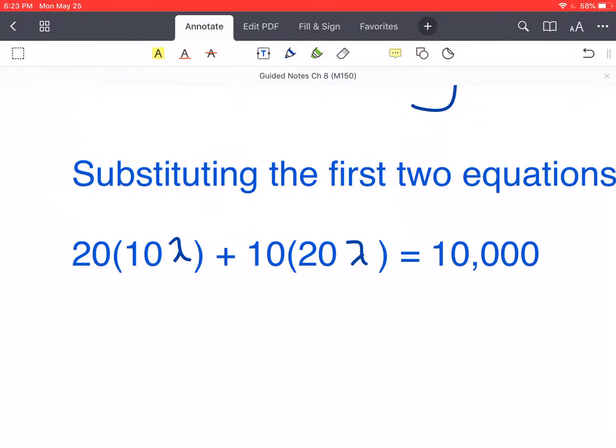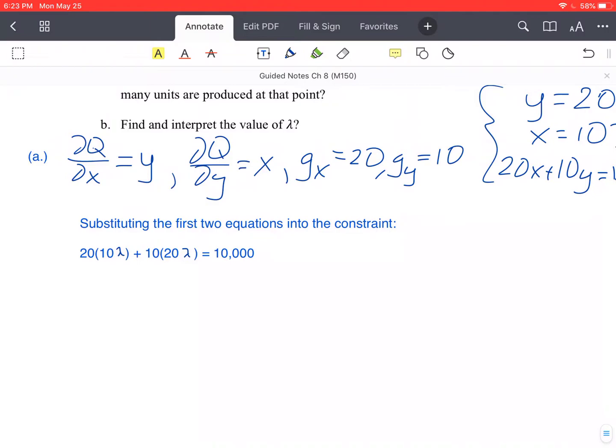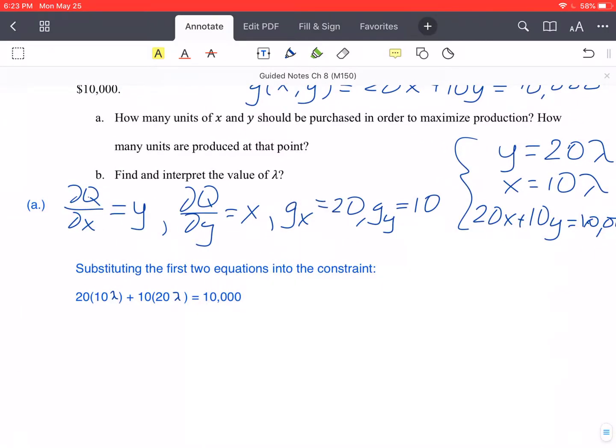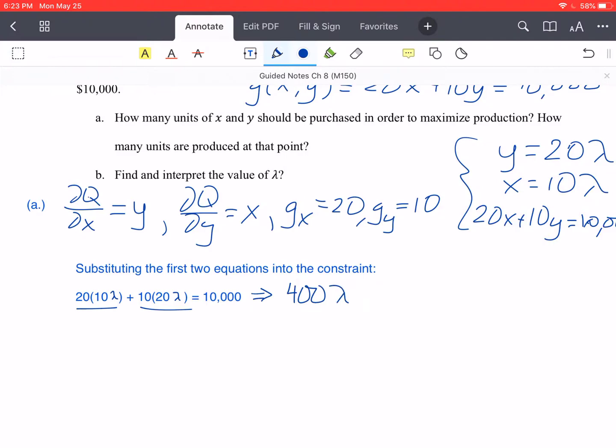Okay, so subbing that into the constraint here and solving that for lambda, that's 200 lambda plus 200 lambda, so that's 400 lambda equals 10,000. Solve for lambda. Lambda is 25.